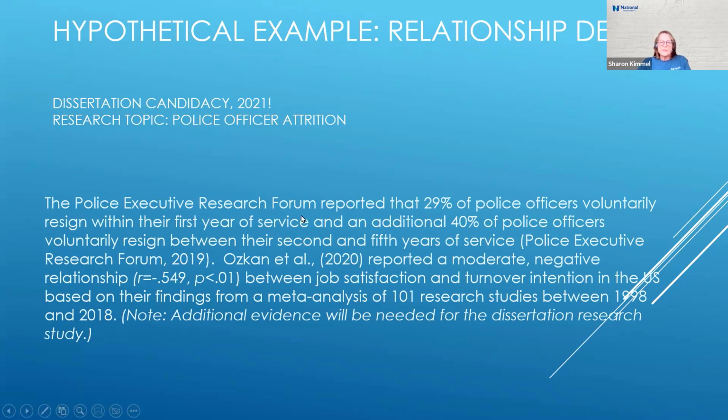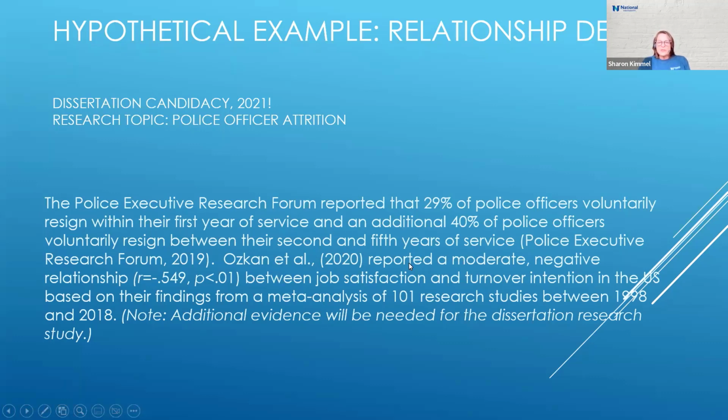Police Executive Research Forum, a source, reported that 29% of police officers voluntarily resign in their first year of service, and an additional 40% voluntarily resign between their second and fifth years of service.